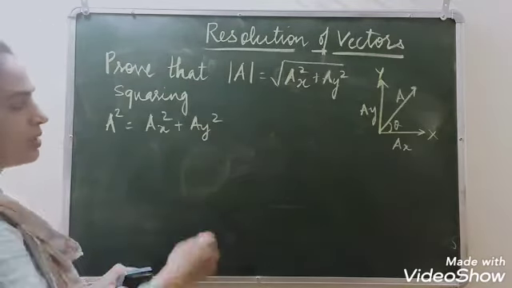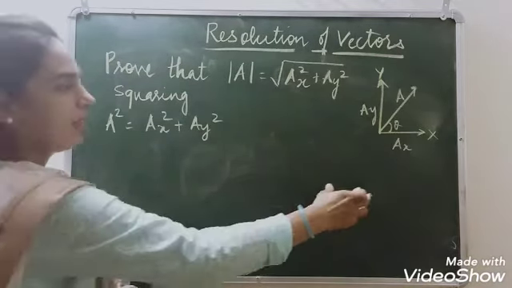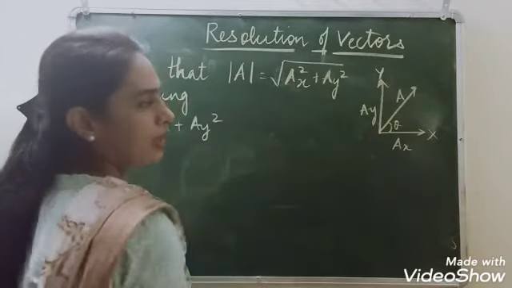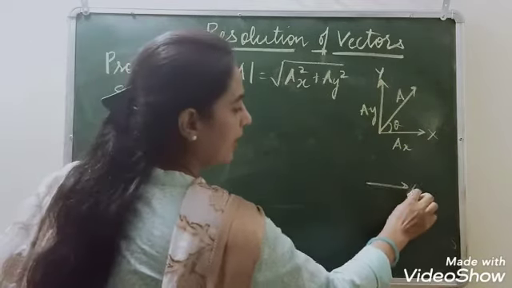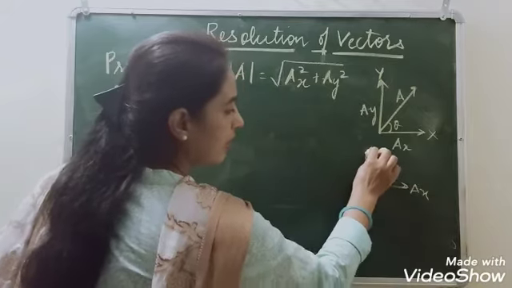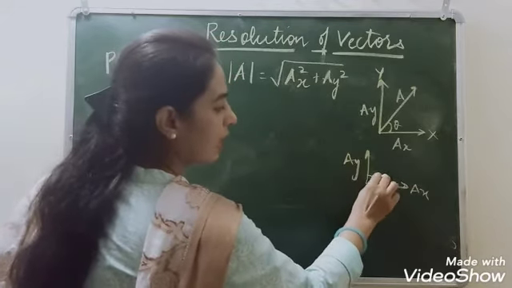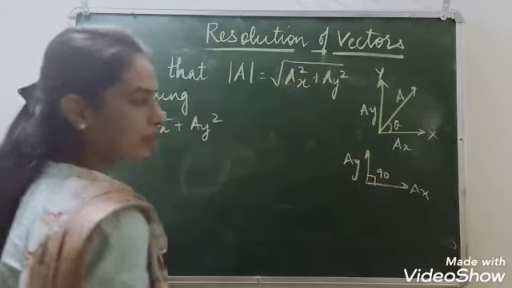And then what is ax square plus ay square? ax is the x component, ay is the y component. What is the angle between ax and ay? See, ax is like this, ay is like this. The angle between them is 90 degrees.